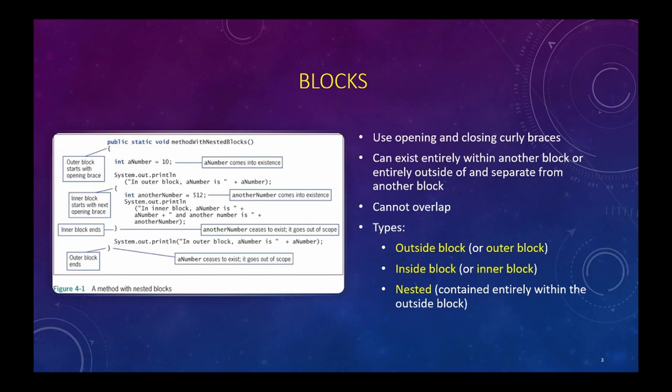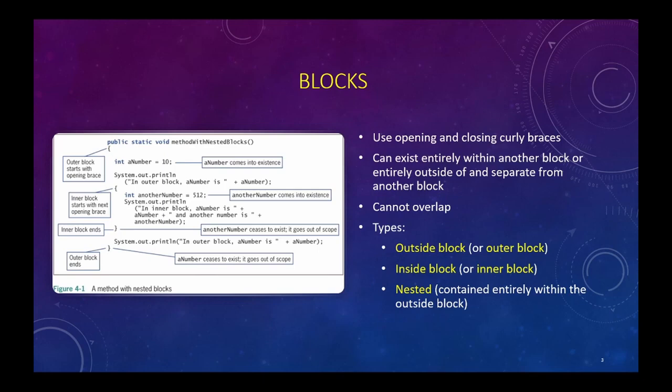First, let's look at blocks a little closer. We've talked before that a block of code is what appears within the curly brackets in any given section, but they can exist entirely within another block or entirely outside of and completely separate from any other block. So the only rule is that your blocks cannot overlap. There are three types of blocks. There's an outer, an inner, or a nested block. The outer block, or outside block, is going to be the outermost set of curly brackets.